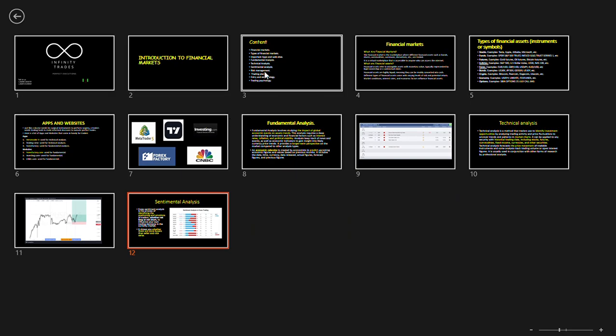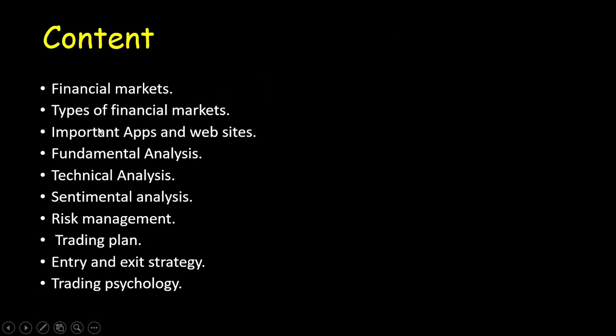So up to this point, we have covered financial markets, and we said financial markets are virtual marketplaces where you trade currency pairs or whatever stocks, financial assets. Then we talked about the types of financial assets, and I emphasized that I only look at indices and forex. Then we have important apps where I talked about MetaTrader, TradingView, Forex Factory, and then we have fundamental analysis.